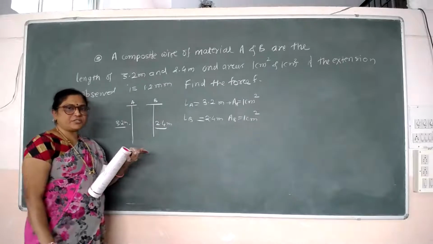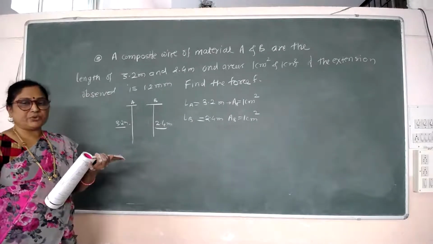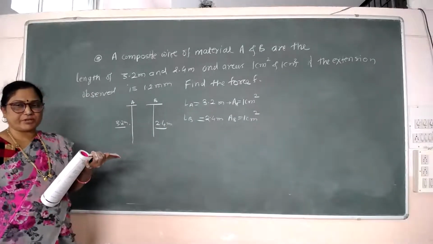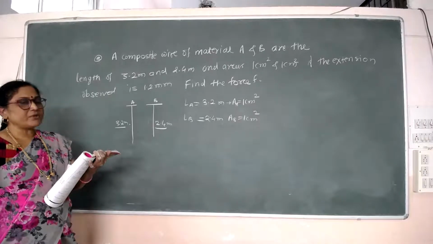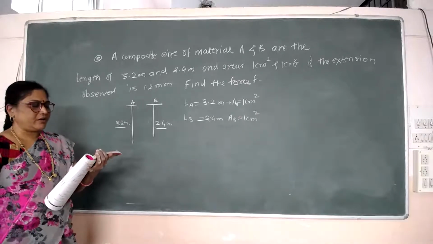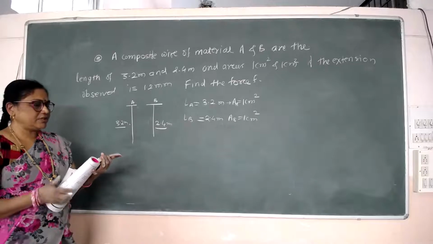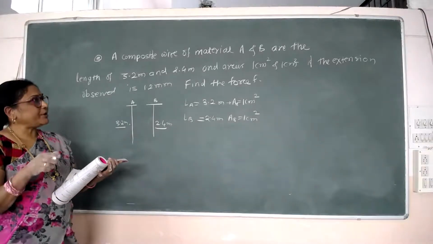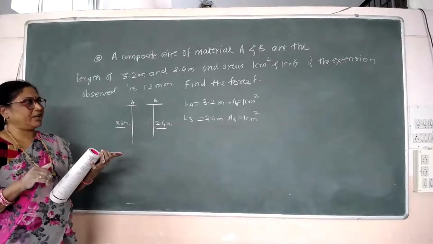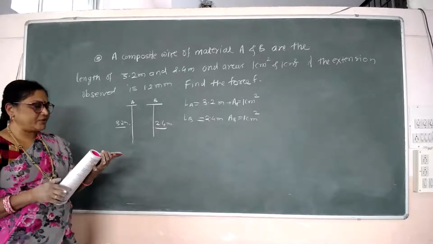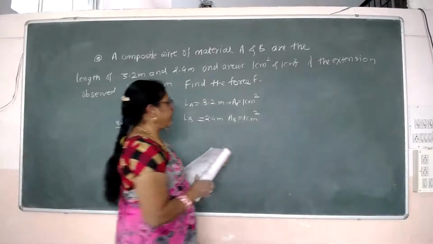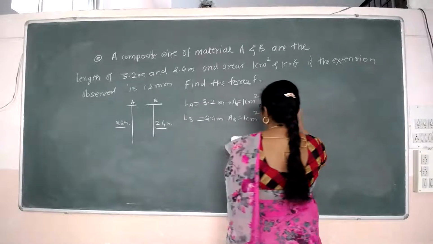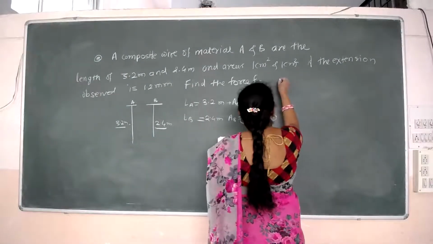To find the force, we know that stress is equal to force per unit area, so force is equal to stress into area. To find this, we consider the separate wires A and B and find the separate values.